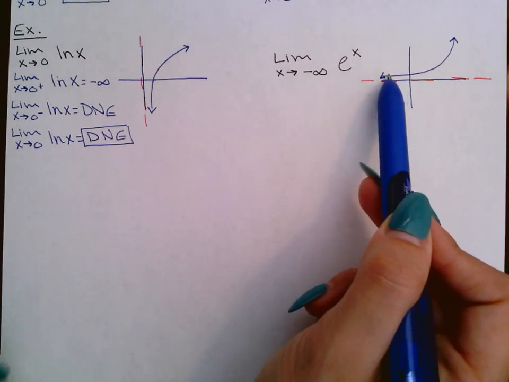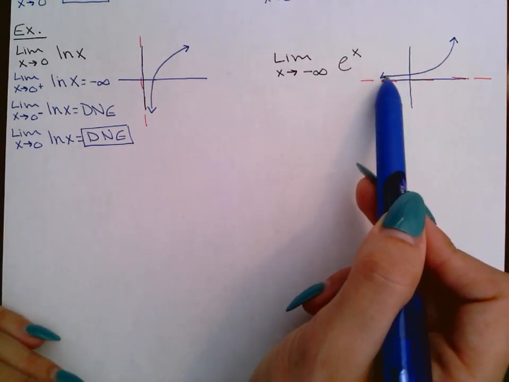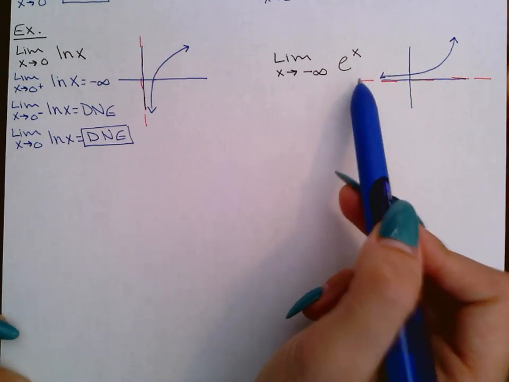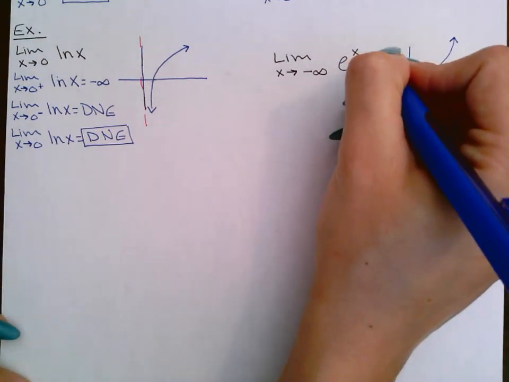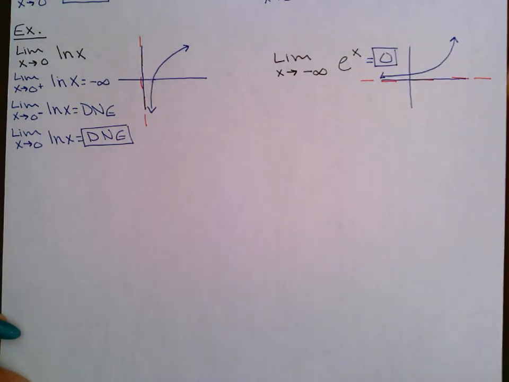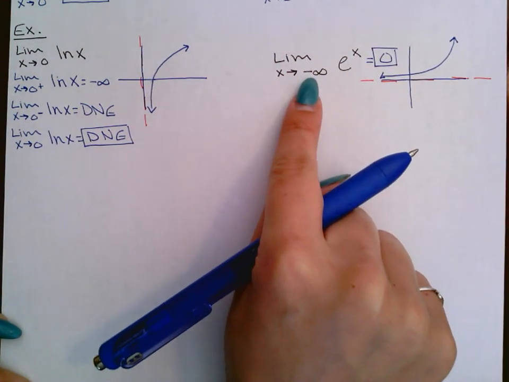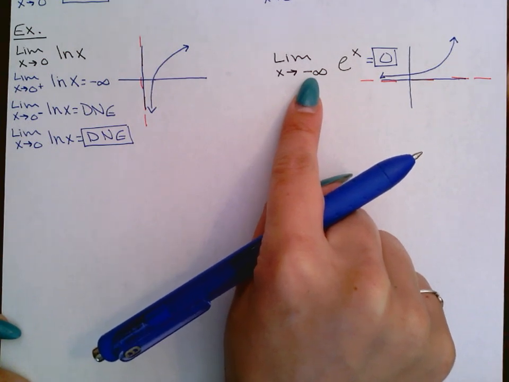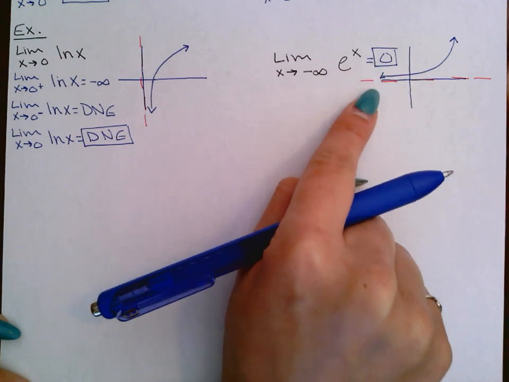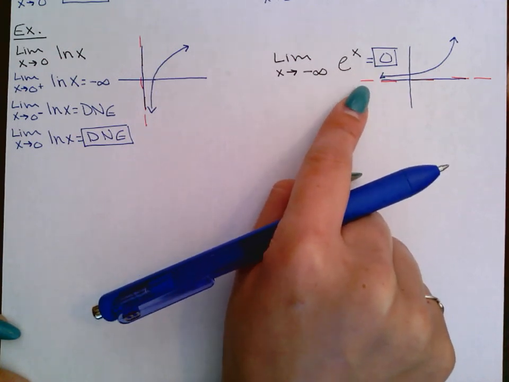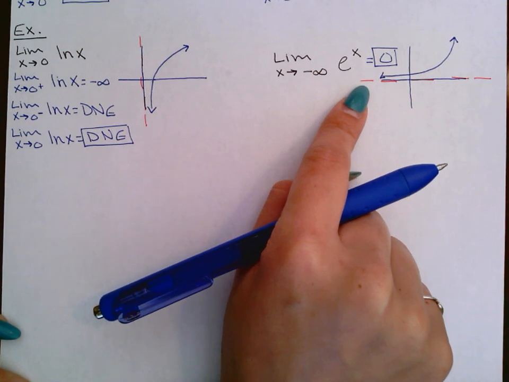And hopefully you understand the concept of asymptotes, that this will only ever approach the asymptote. What is the location of the asymptote? The location of that asymptote is 0. Okay? So whenever you have infinities in the spots of the x, your answer almost always, if there is one, is going to be that horizontal asymptote. Okay? And that goes again back to why knowing these graphs are so important.